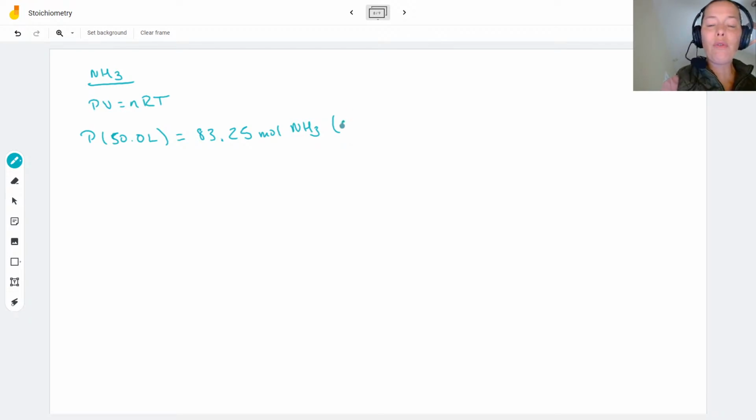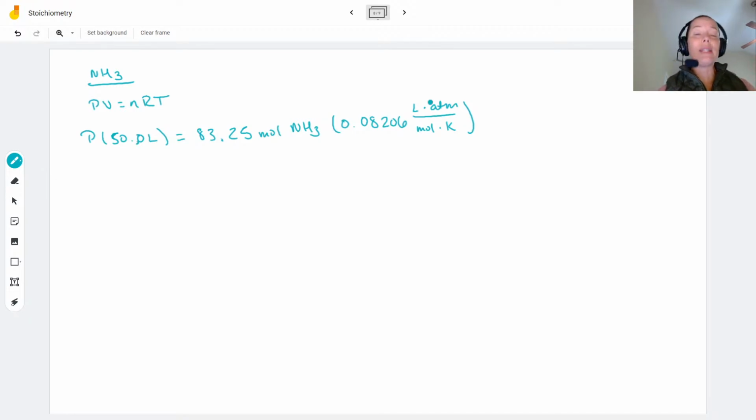So my value for R that I'm going to use is really the most common one, I would say, because this gives me liters, atmospheres over mole K. So that means my volume has to be in liters, which it is, and my pressure is going to come out in atmospheres, which is what I want because that's what the problem asked me for. Okay, but notice this one other thing. My temperature must be in Kelvin. I have it in Celsius.